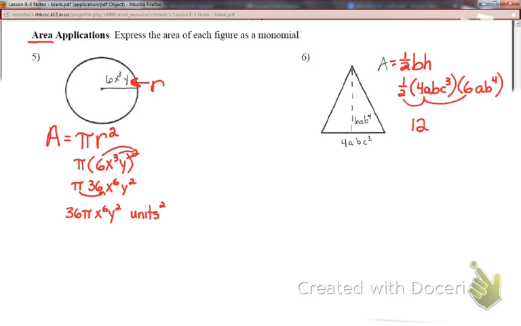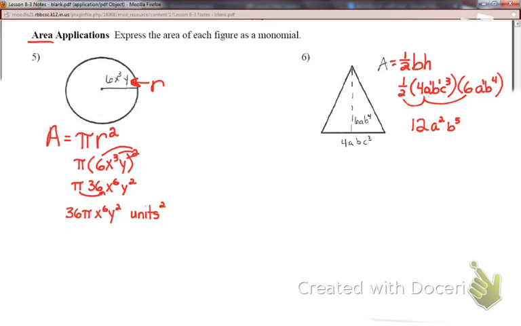So then the only other thing to take care of are all your variables. The a's, that's like a to the 1st and another a to the 1st. So you're adding those exponents together, and that's a squared. The b's, the first b has that invisible 1 as the exponent, so it's b to the 1st and b to the 4th, so that'll be b to the 5th.